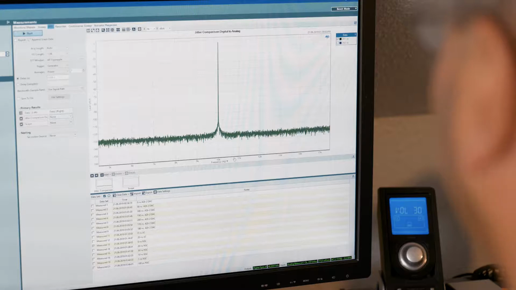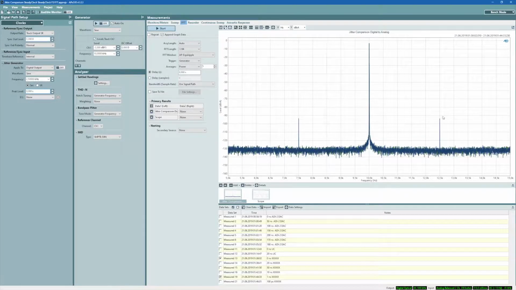So let's see what happens if we change the so far jitter-free input signal to one that has 1 nanosecond of jitter on it. We immediately see the sidebands, 2.5 kHz distance from the center one. And here the jitter modulated sidebands reach a level of about minus 94 dB, which is about CD quality.